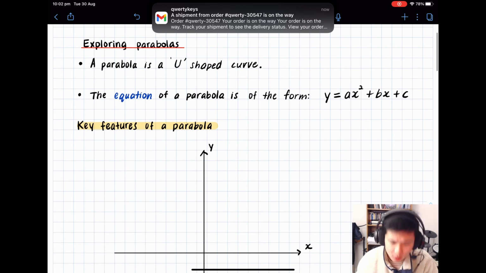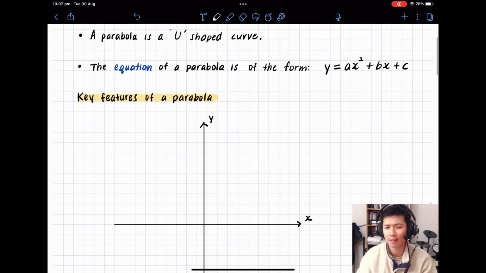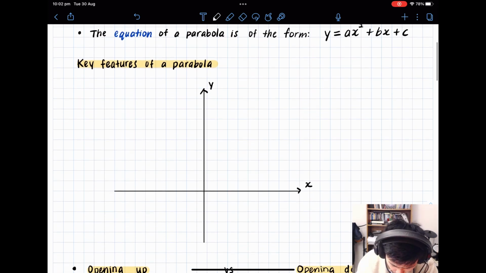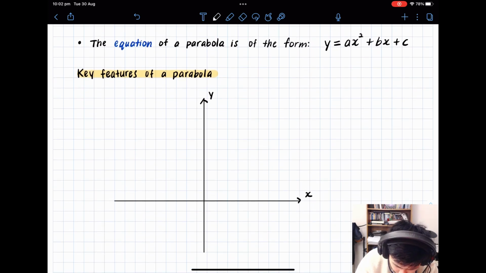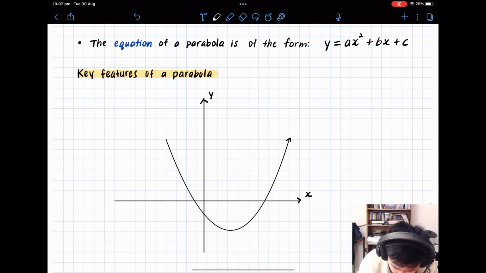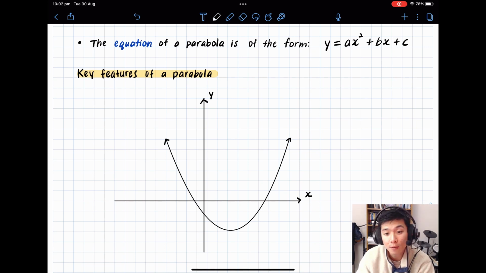But let's actually think about the shape of a parabola first. So what does a parabola look like? Let's draw a parabola. A parabola will look something like this. Let's have a look at the key features of a parabola. The first key feature is that this point here is what we call the vertex.